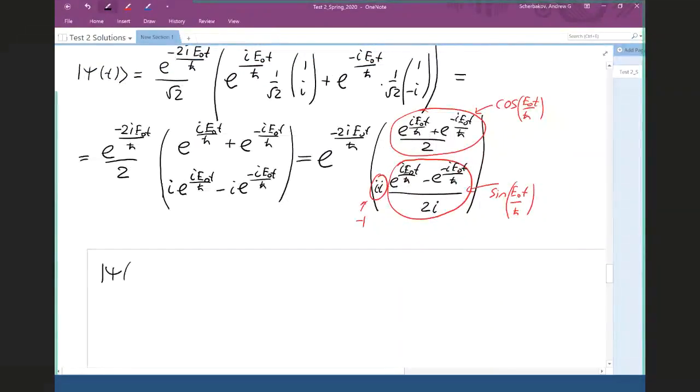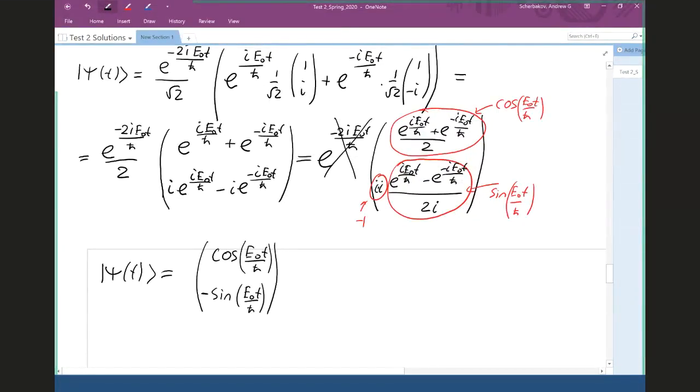Psi at time t equals, let's drop the overall phase, which is this. Let's forget about that. That's going to be cosine of E naught t over h bar. It's not a mistake to keep it, but you don't have to. And here's negative 1 times sine of E naught t over h bar.